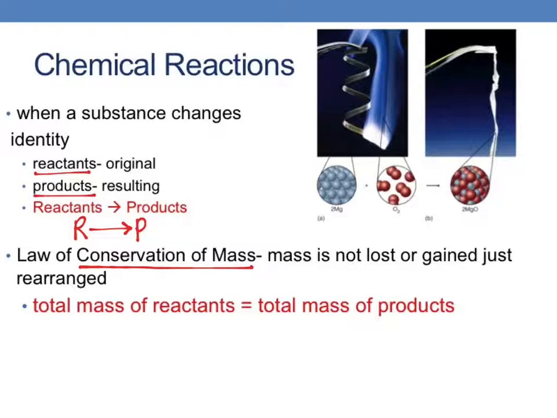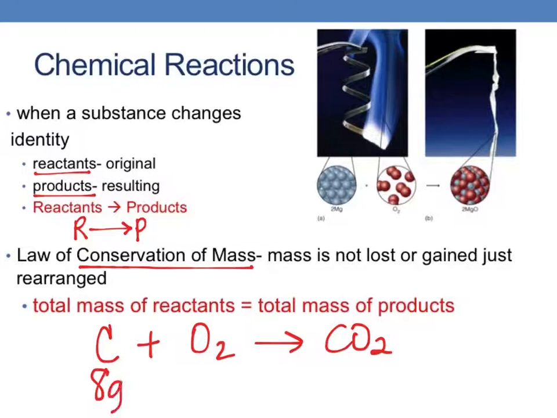So if I have carbon and oxygen, and it makes carbon dioxide, if I start out with 8 grams of carbon and 10 grams of oxygen, then what results is I better have 18 grams of carbon dioxide. Okay? So what goes in must come out.